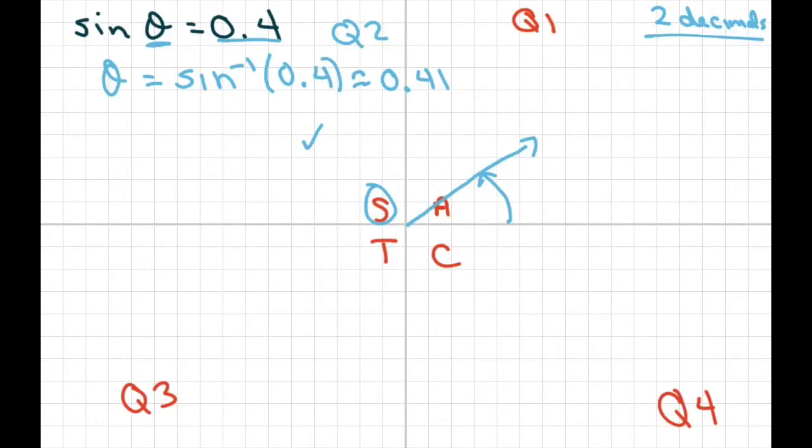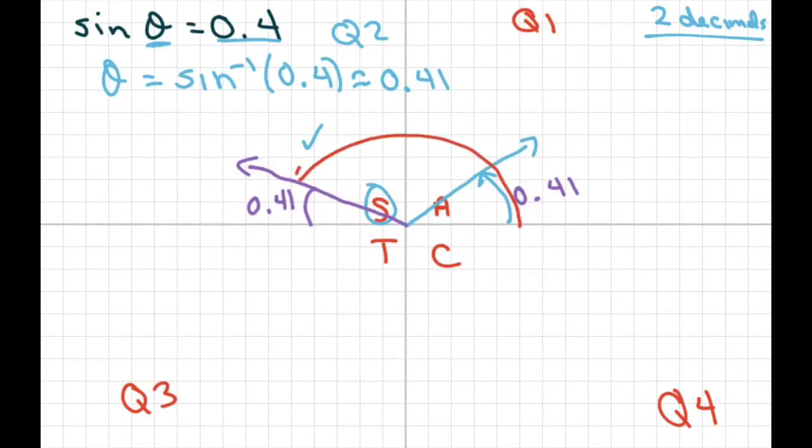Now we know that sine is also positive in quadrant 2. So using our reference angles, we know that it's right here. This is 0.41 approximately, and so is this part, 0.41. And what we want to do is find this whole angle.